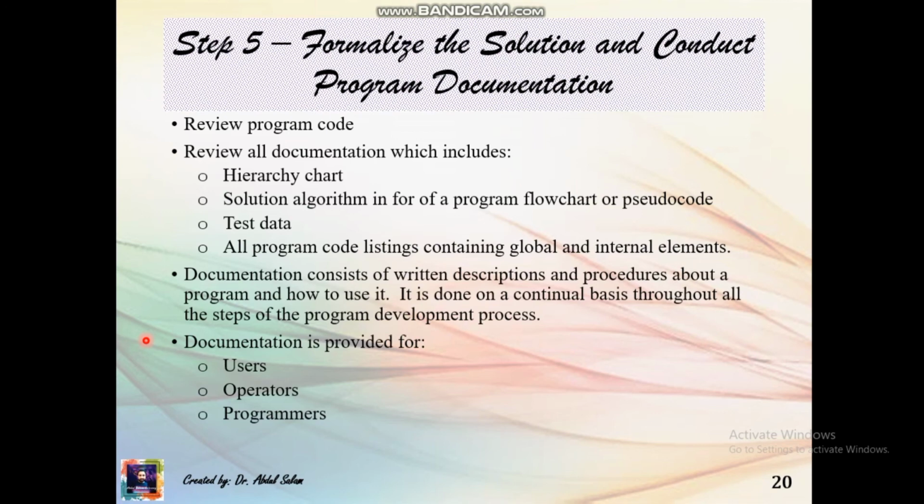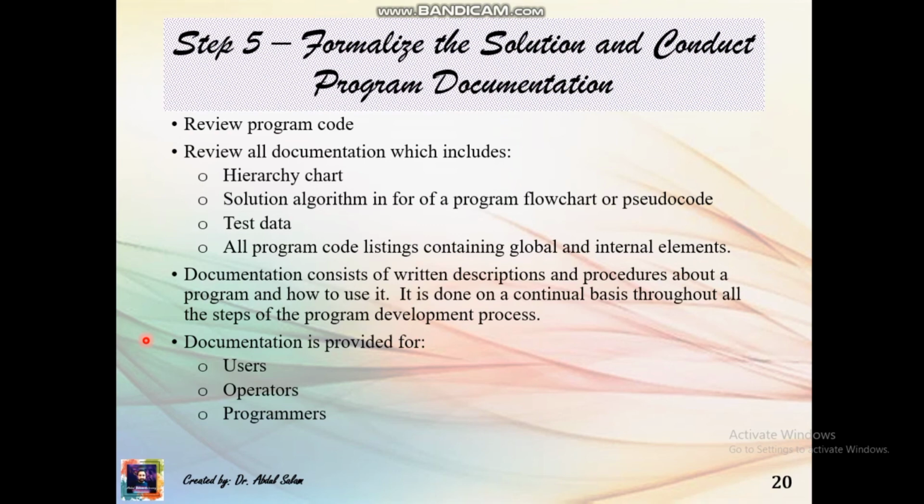Step 5 is formalize the solution and conduct program documentation. Review program code. Review all the documentation, which includes the hierarchy chart, solution algorithms for a program, flowchart or pseudocode, test data, and program code listing containing global and internal elements.